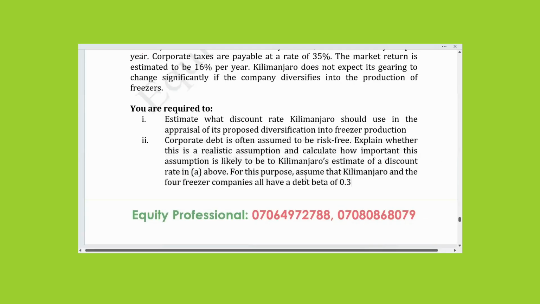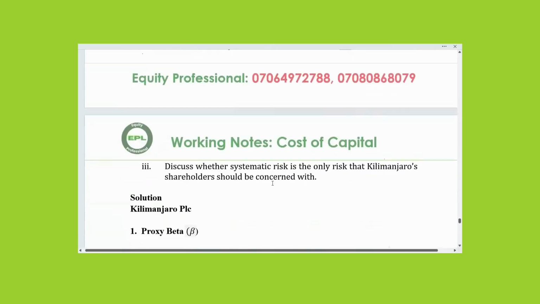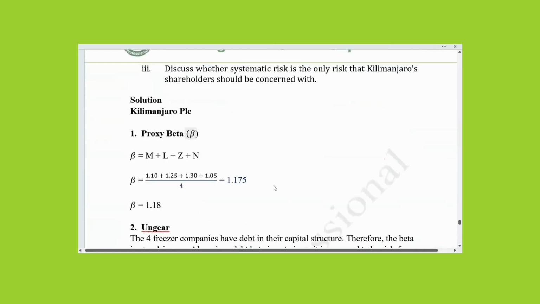There are 2 things you are going to do. The first is that the examiner is asking you to explain if truly corporate debt is risk-free. Number 2, you have been given a debt beta of 0.3. That means you need to re-estimate your work. Therefore, how do you solve this?